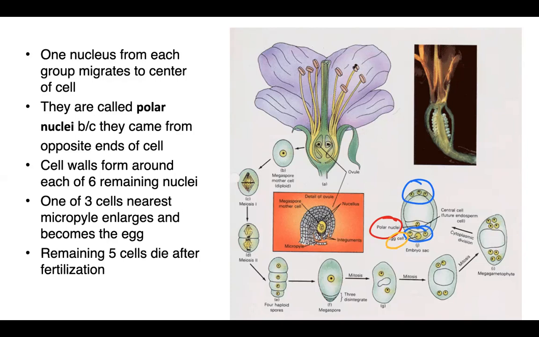After the egg is fertilized, the remaining 5 cells will die. So you got 1, 2, 3, 4, 5. That's only after fertilization.